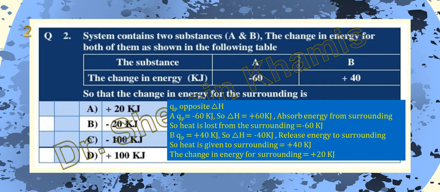As we said, the difference is 20 and the surrounding loses 20 kilojoule, so the right answer is letter A, plus 20 kilojoule. Let's go to question 3.